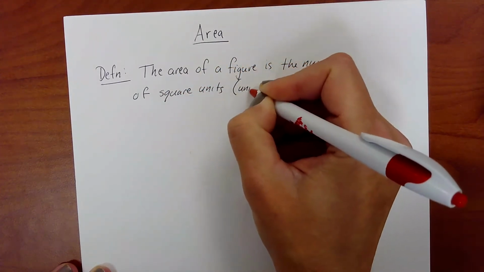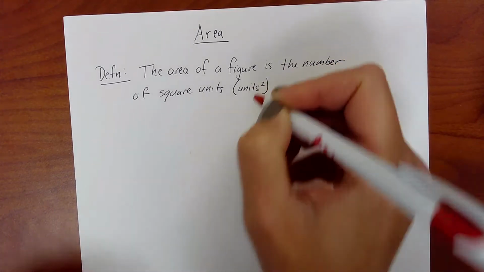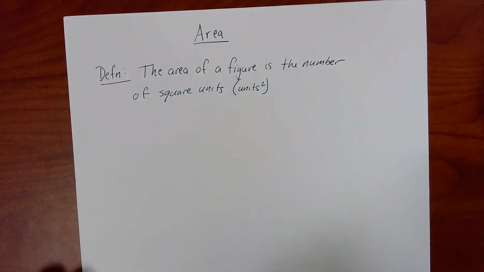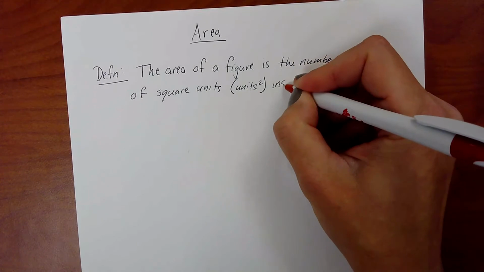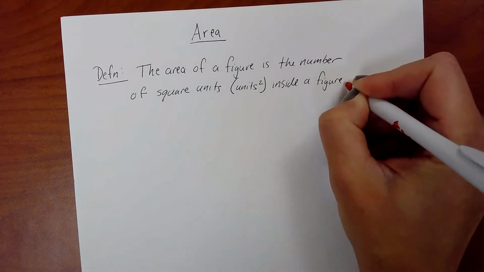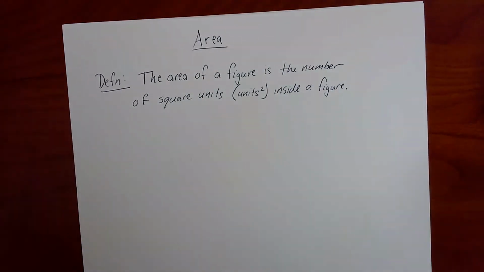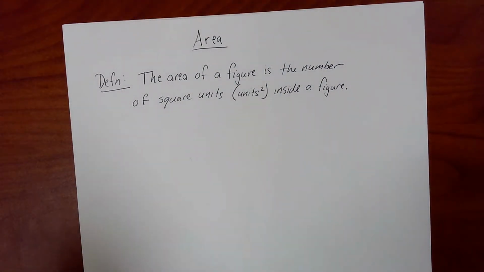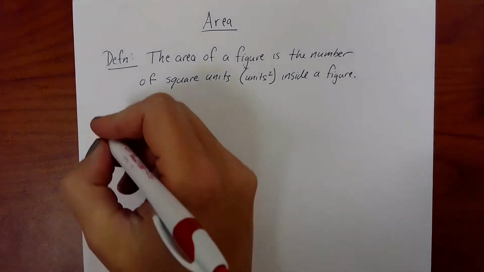You could write that as units squared. So the number of square units inside a figure. Our job is really to cut up the figures into tiny squares and count them up. Obviously we're going to find the best way to do that.